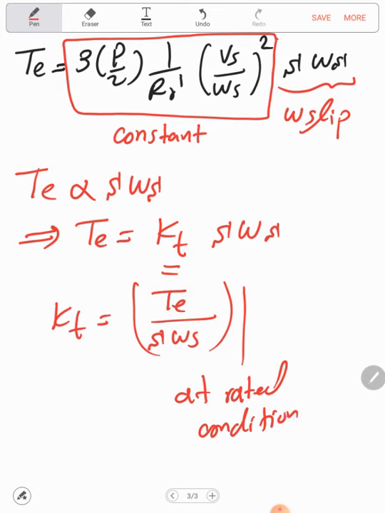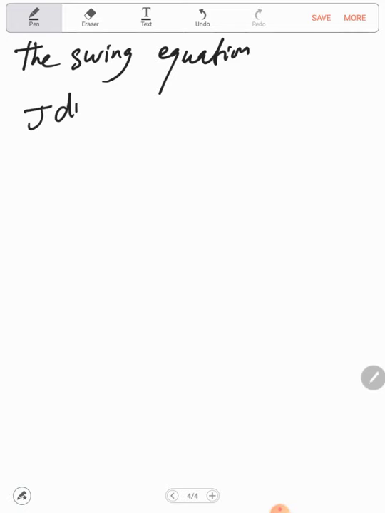So now we have a relation between the torque and the slip speed, and the output of the PI control is the slip speed. Now if we write the swing equation, which is J d omega by dt plus B omega equals Te minus TL.